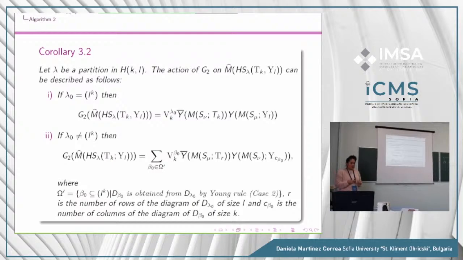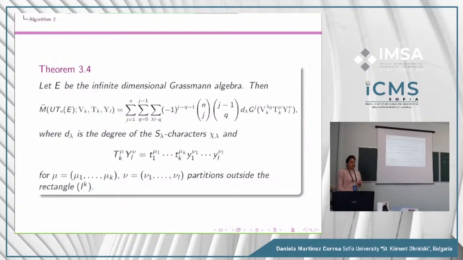After that, we have these operators, and we have the expression for the double Hilbert series of UTN of E. Then we can calculate the KL multiplicity series of this algebra, and it is given like that. Remember that G is given in terms of the operators G1 and G2. Finally, using this theorem, we can calculate all the multiplicities n lambda for any n. We compute some particular cases.